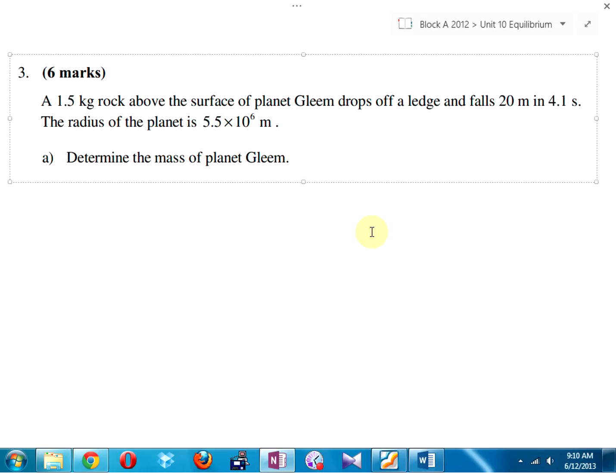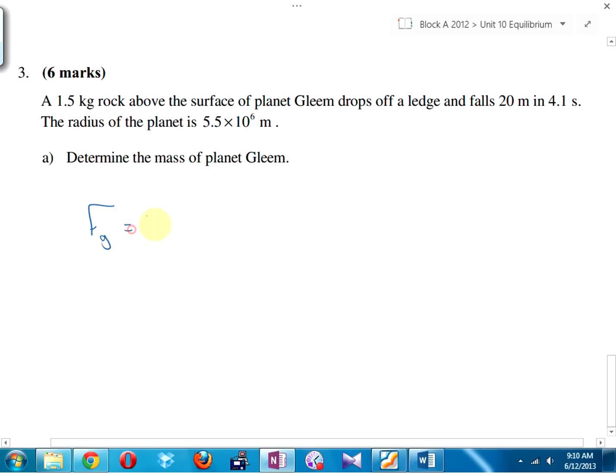Try to find M2. How? Are we on the surface of this planet? Then I think we can say this. This may sound very obvious. I think we can say gravity equals gravity.